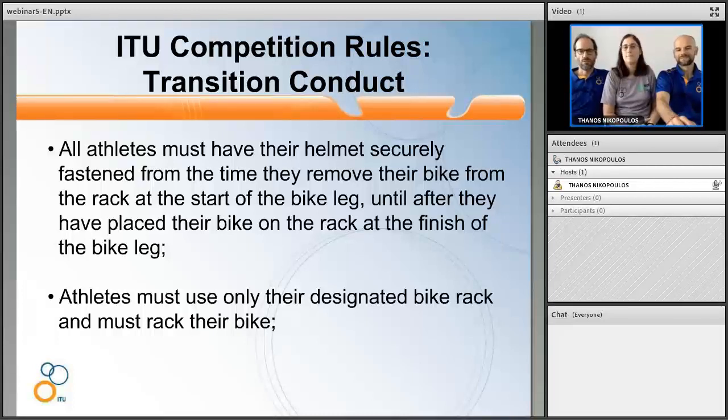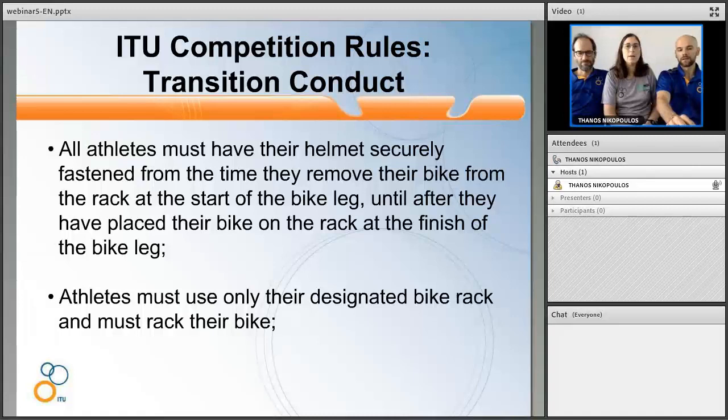They can only take the bikes once the helmet is closed, and they can only open the helmet once they have put the bikes back on the rack. The other thing that we need to monitor, of course, is that the athletes use their own designated bike area and bike racks.